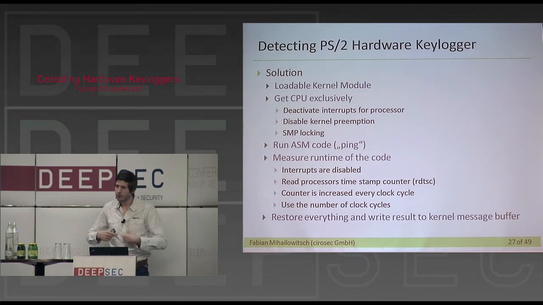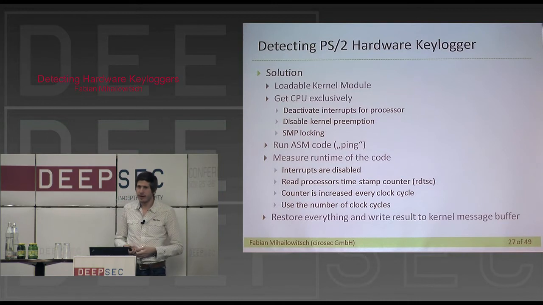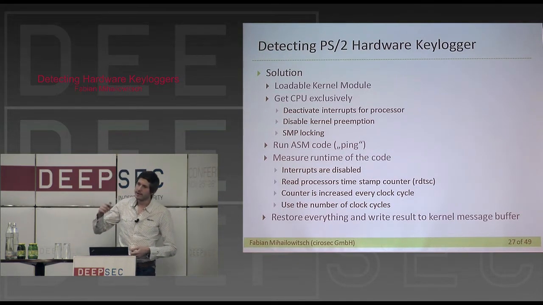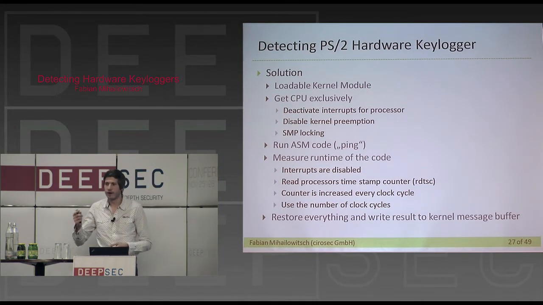Once the code is running, I need to measure the time it takes to run. Since we disabled interrupts, we don't get accurate timing anymore. So what I basically did is read out the processor's timestamp counter, the RDTSC register, which is increased every clock cycle, and we can count the number of clock cycles it takes to run our code.